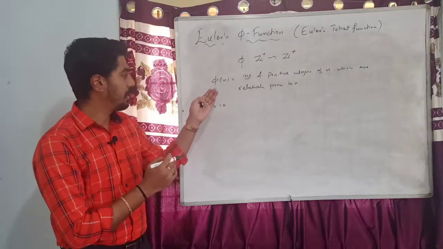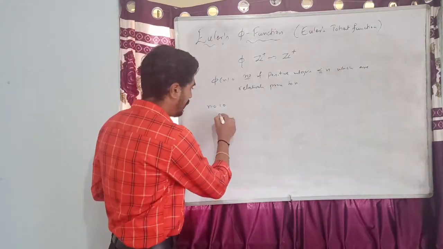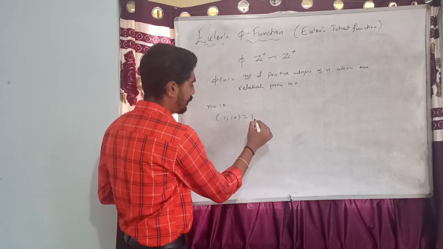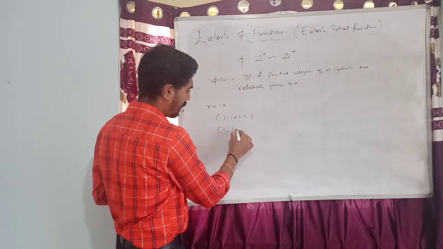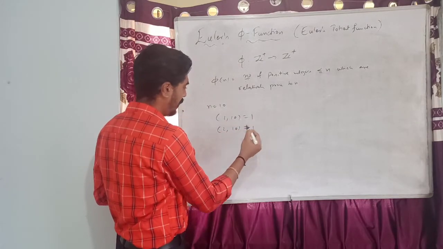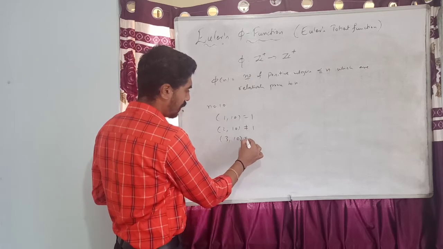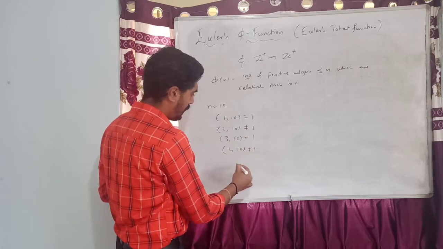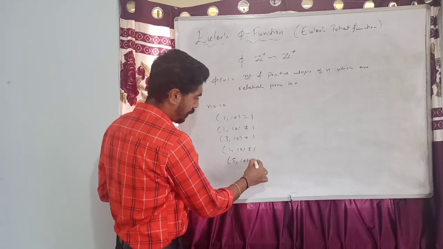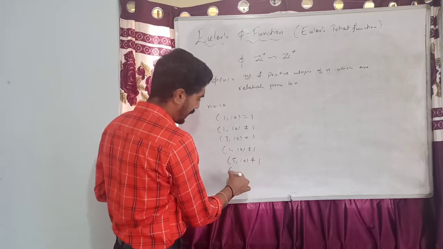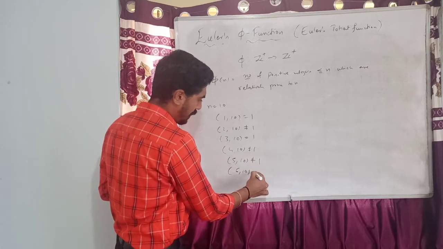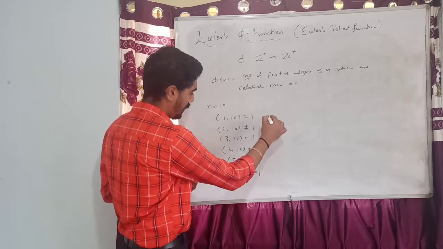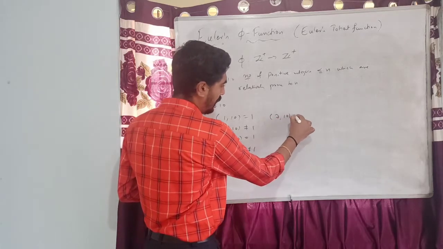Say for example, if I take n equal to 10, let us find out the GCD of 10 with all the integers less than or equal to 10. The GCD of 1 and 10 is 1, GCD of 2 and 10 is not equal to 1, GCD of 3 and 10 is 1, GCD of 4 and 10 is not equal to 1. GCD of 5 and 10, which is 5, is also not equal to 1. GCD of 6 and 10, which is 2, so hence not equal to 1. GCD of 7 and 10 is 1.